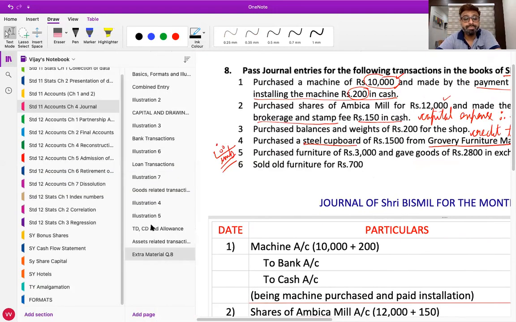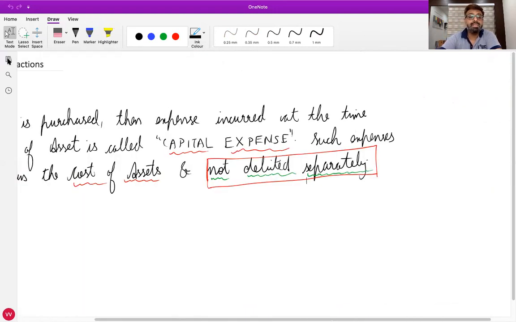Yes, sir. Write down this second note over here.